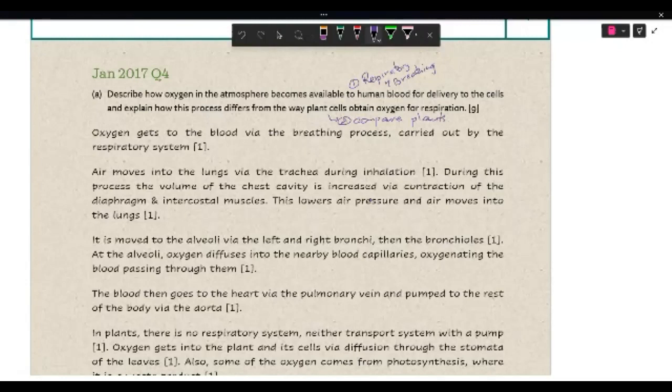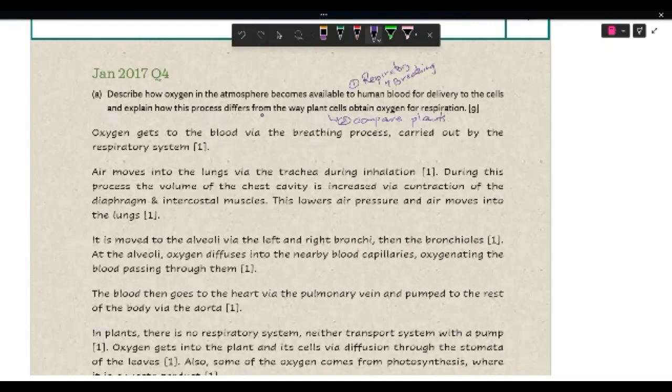So here's your opening sentence, the summary sentence. Oxygen gets to the blood via the breathing process carried out by the respiratory system. So you summarize the main points immediately, because it is basically a short essay that you're writing, right? So you do your opening sentence, summarize, and that can get you a mark.